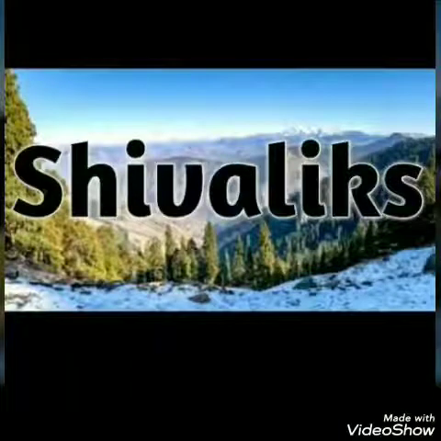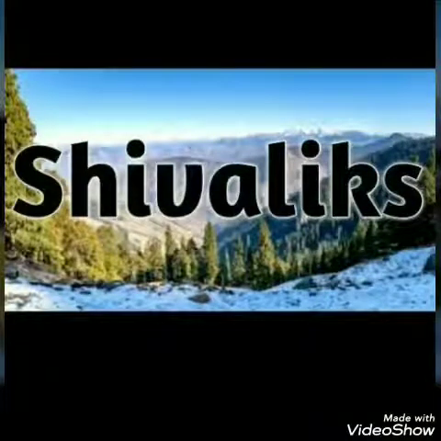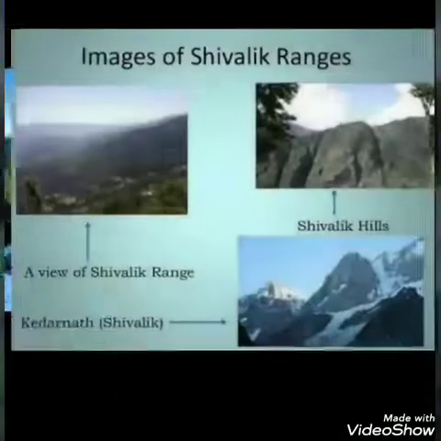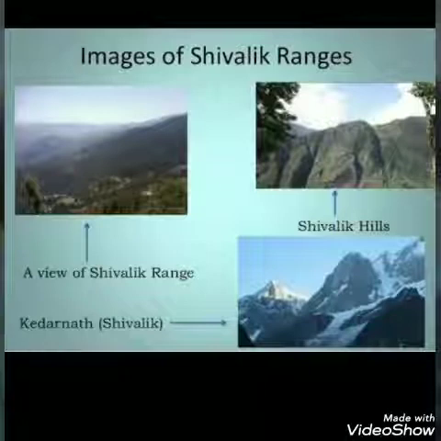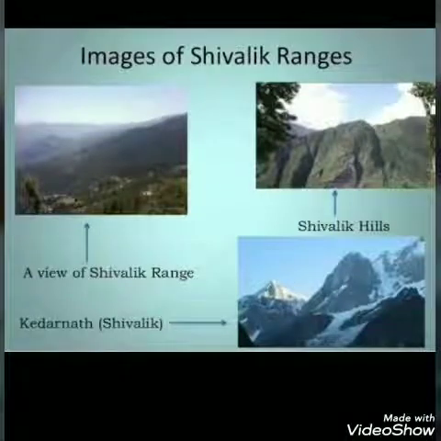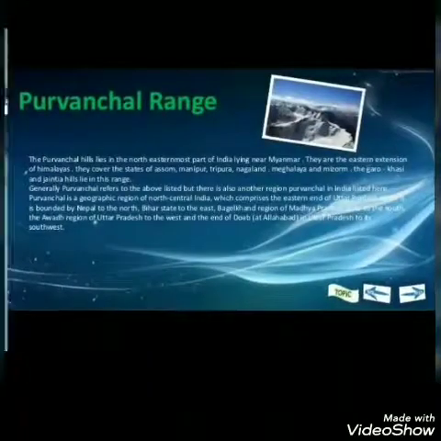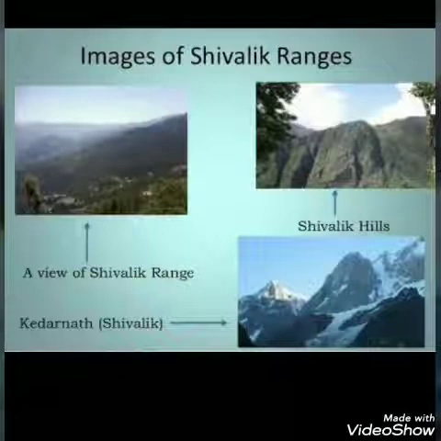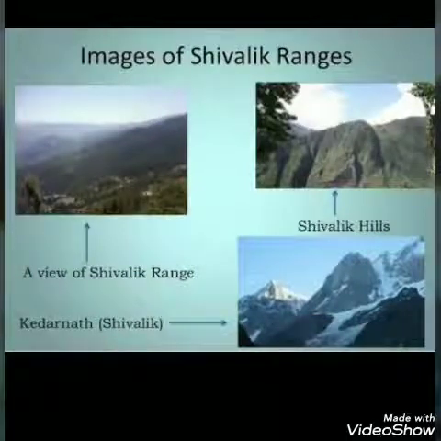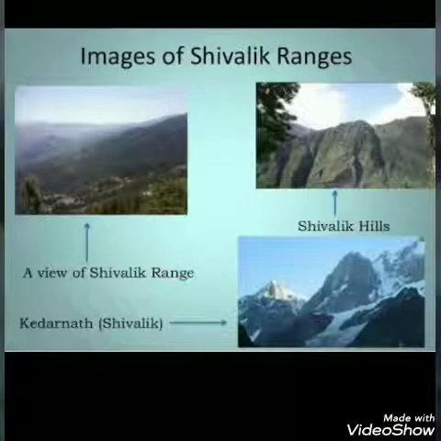The part of the Himalaya lying between Satluj and Kali river is known as the Kumaon Himalaya, the part between Kali and Tista river is the Nepal Himalaya, and the part lying between Tista and Dihang river is known as the Assam Himalaya. According to the rivers that flow from the Himalaya, the region can be divided into different ranges.